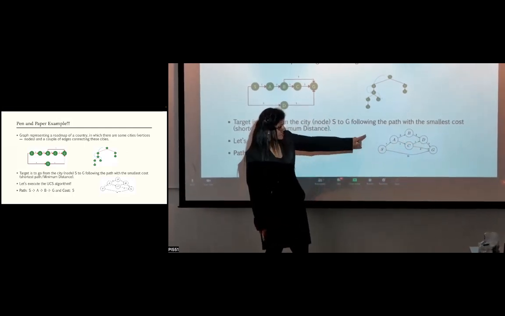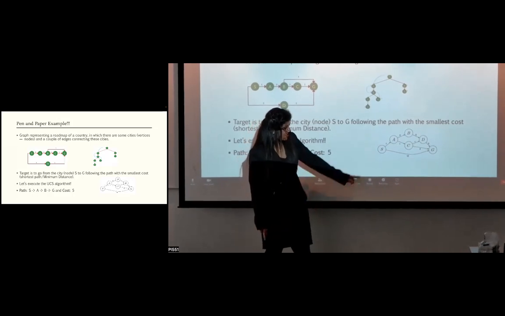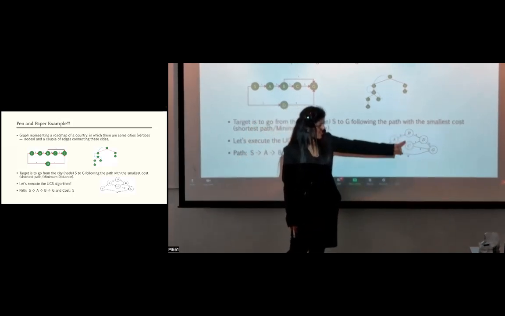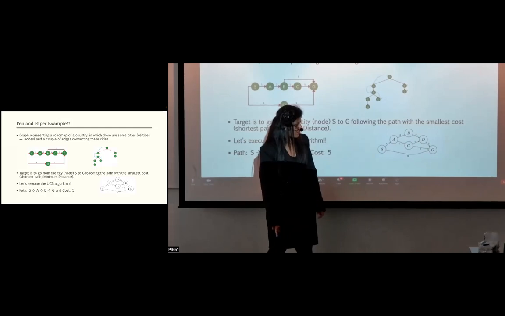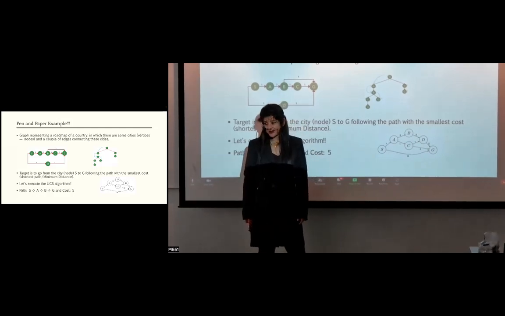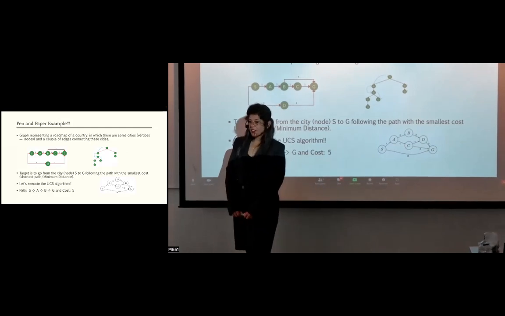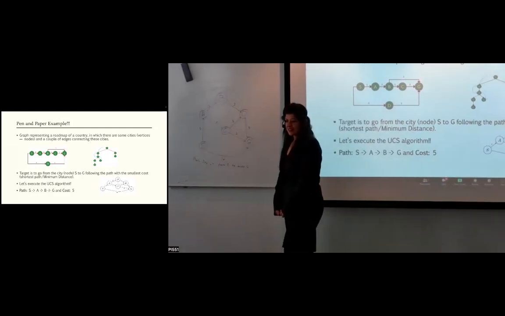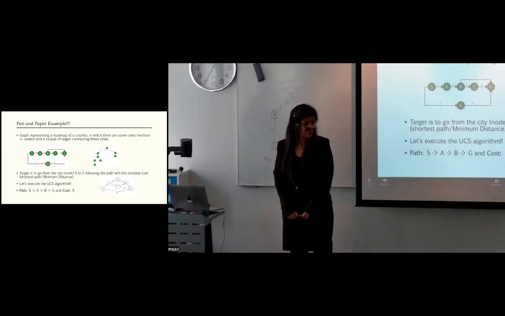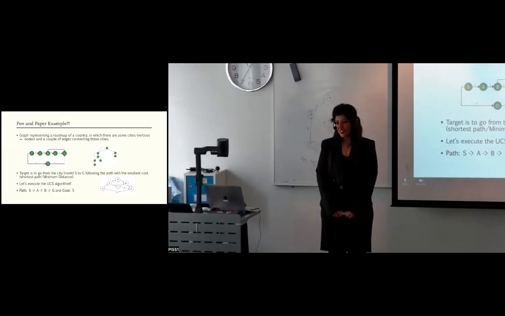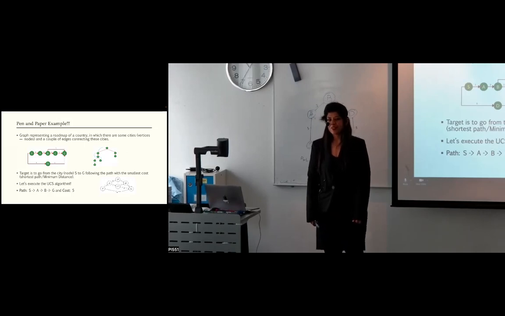So any other? How much is the cost? 10. Okay. So what would you prefer? What would be the solution plan? S A C G. Yes, 4. So that is the solution for the uniform cost search.